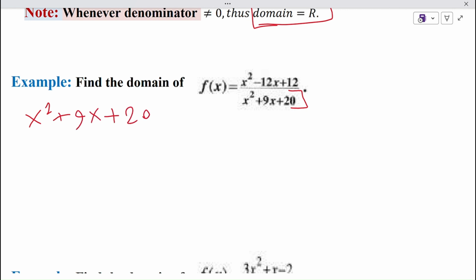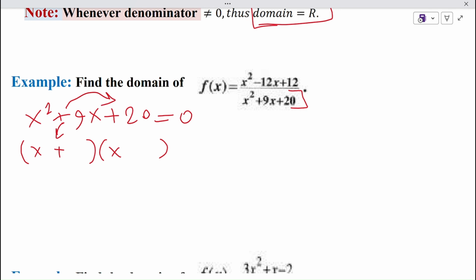Then factor it. This is power 2, so you have to factor it, as we have studied in the previous lesson. How can we factor this? By opening two brackets. Then here we have x squared, so x and x. Put down the first sign, and then the first sign times the second sign: plus times plus is equal to plus.